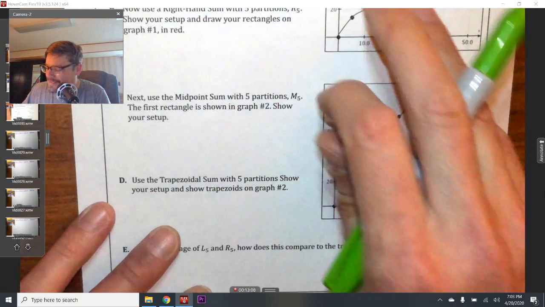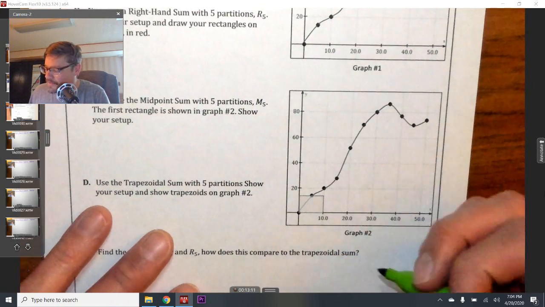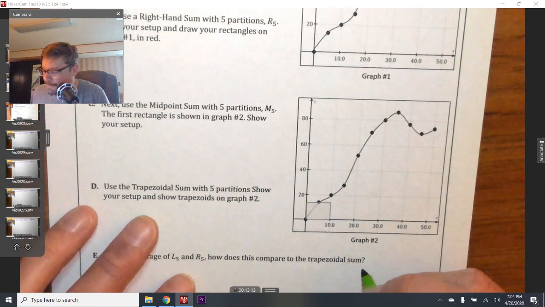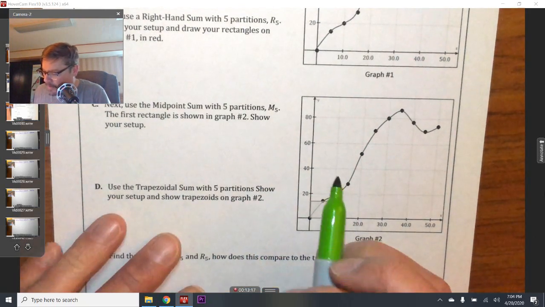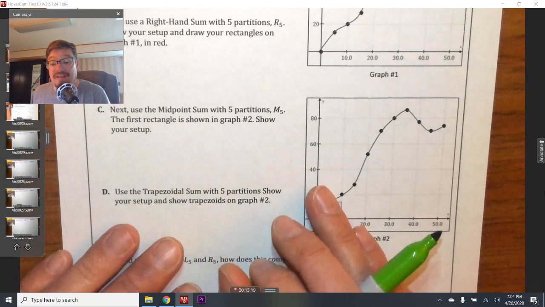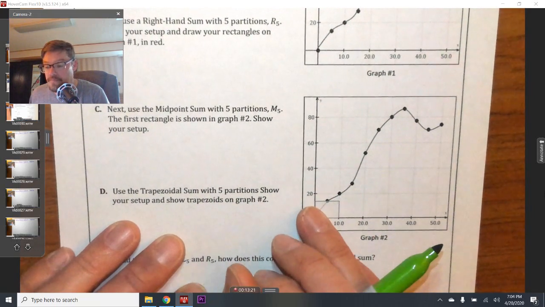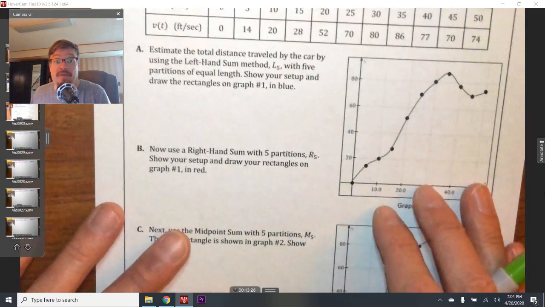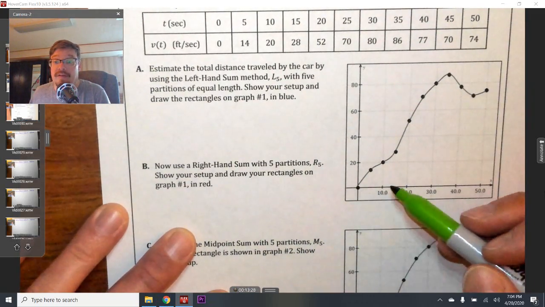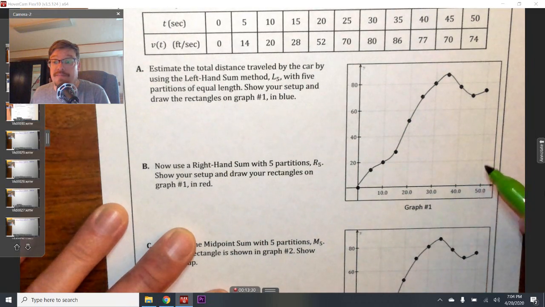So, the total distance traveled by the car. I'm going to use two different colors here, and we're going to use a left-hand sum first. So we want 5 partitions of equal length. This is convenient though. With 5 partitions, we have 10 seconds, 20 seconds, and it goes right up to there.